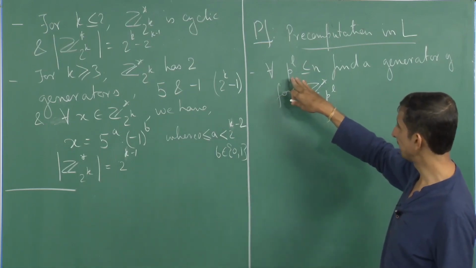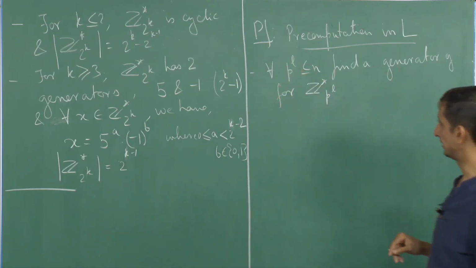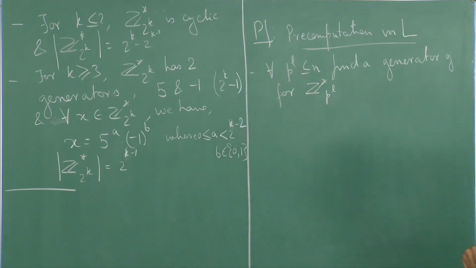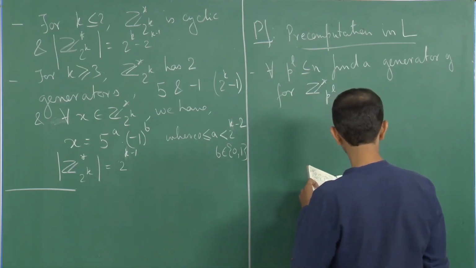Well, if p is an odd prime, and if p is even and l is greater than 3, then we know what the generators are. So you can assume here that p is an odd prime. Find the generator.